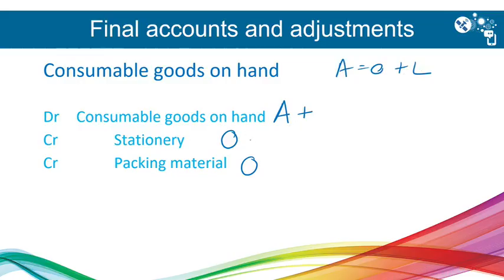Stationery is an expense, but we can't say it's a minus, because then our equation is not working anymore. The owner's equity will increase. Why? Because it's an expense that decreases. And the moment expense decreases, the owner's equity will increase. And this is what we will show on the profit and loss account, that one on the post-closing trial balance as an asset.